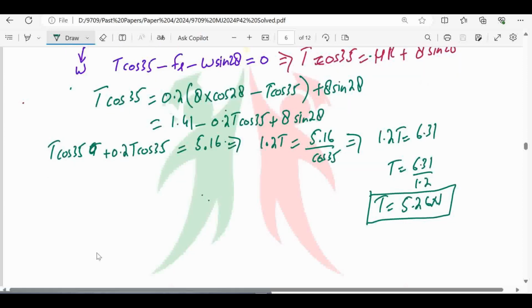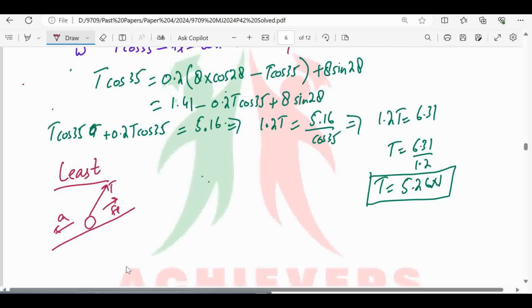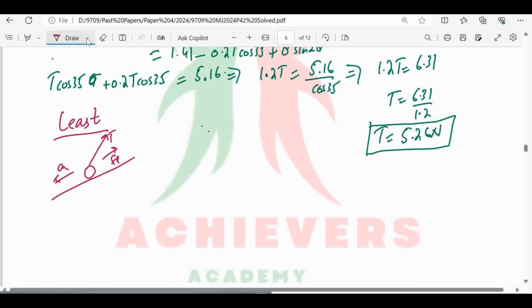Let's see the second condition for the least value. So for least, we know that if we decrease the value of T further, it will be moving downward, hence the frictional force will be in the upward direction. Now for this case, let's see the values for vertical components, let's say upward forces minus backward forces.